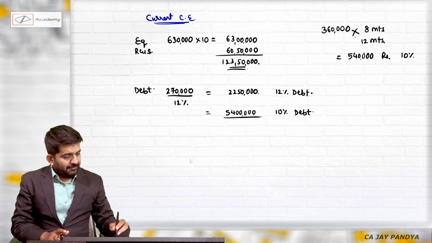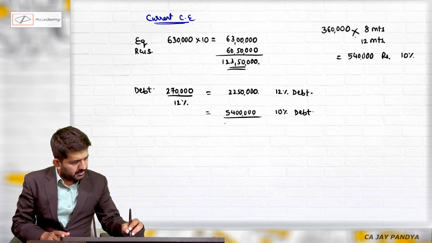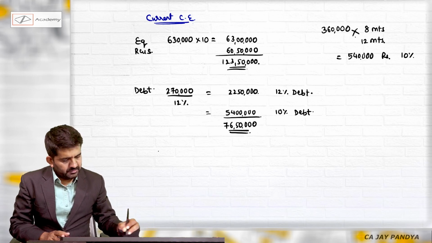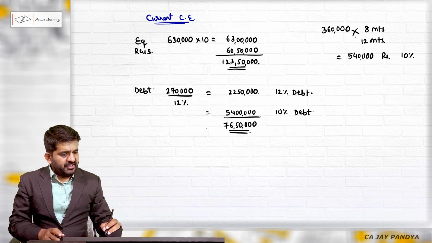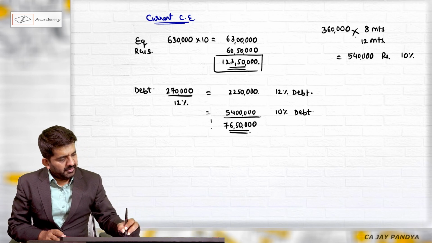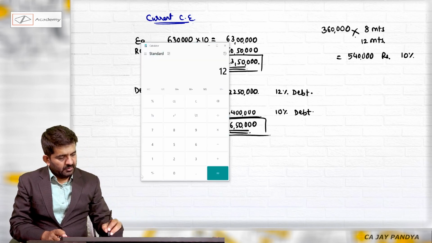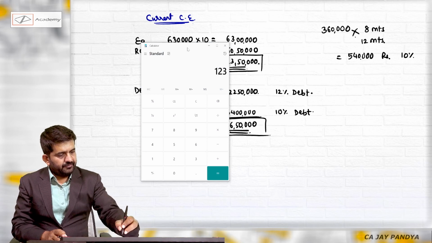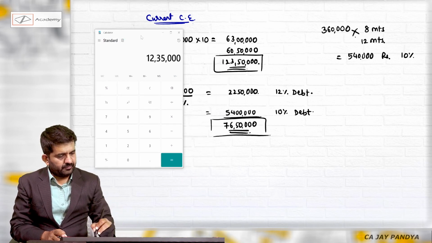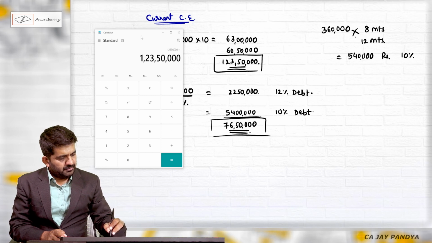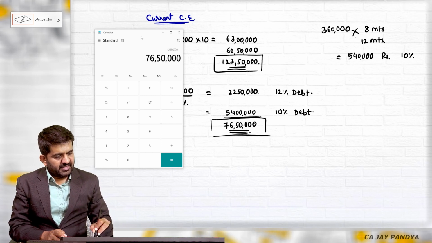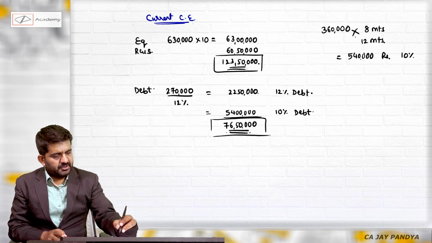What will be the total capital employed? This debt is 76 lakh 50,000. Total capital employed is equity plus debt, 1,23,50,000 plus 76,50,000, which is 2 crore rupees.